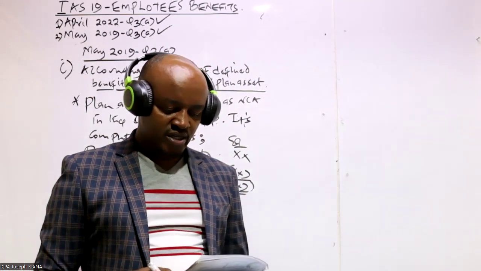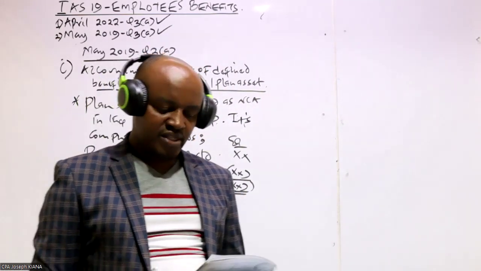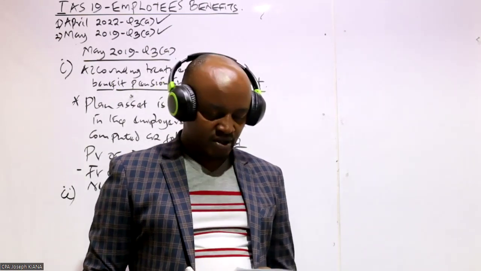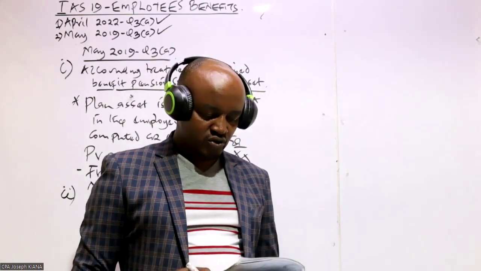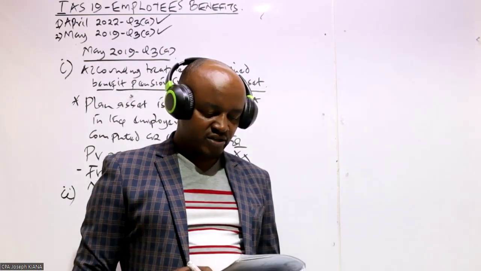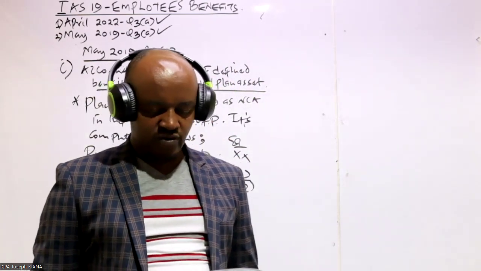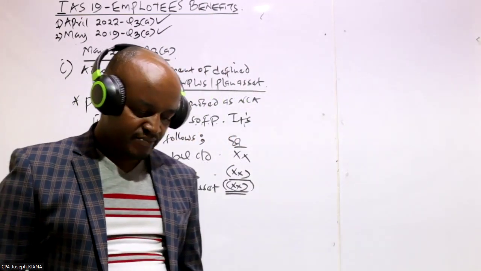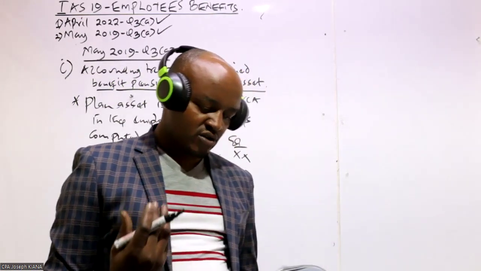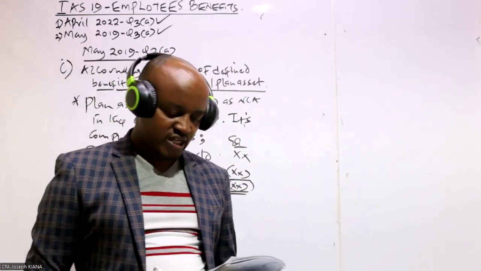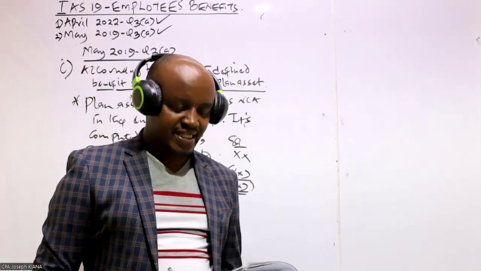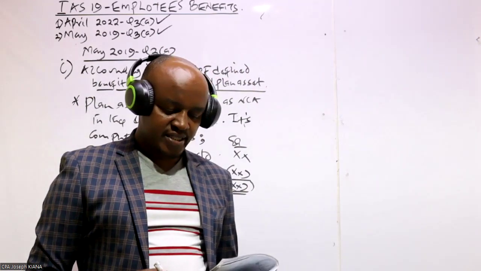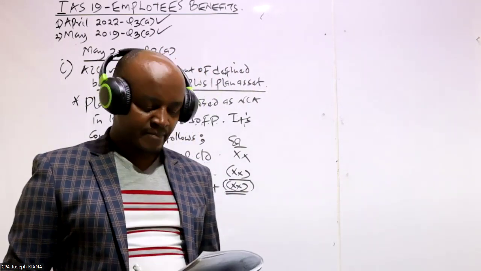Further information relating to the pension plan for the year which ended 31st of December 2018 was as follows. We are given the current service cost, 209 million, benefit paid to former employees, 242 million, contribution paid into the plan, 259 million, present value of the benefit obligation at the end of the year, that is 360 million, and fair value of the plan asset at the end of the year, 3113 million.